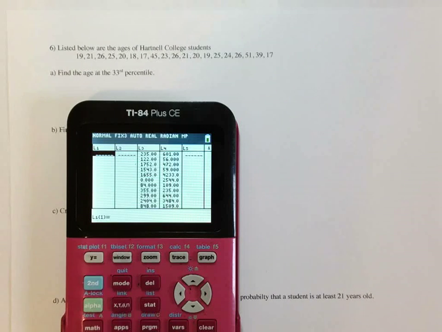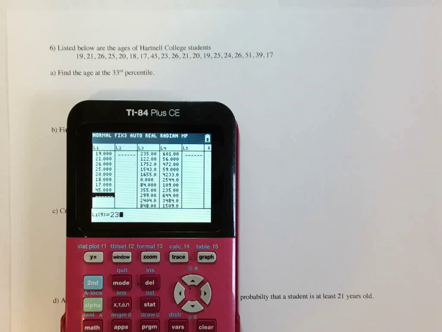Okay, so 19 and 21. Oops. This should be a 26, and then 51, 39, and 17.